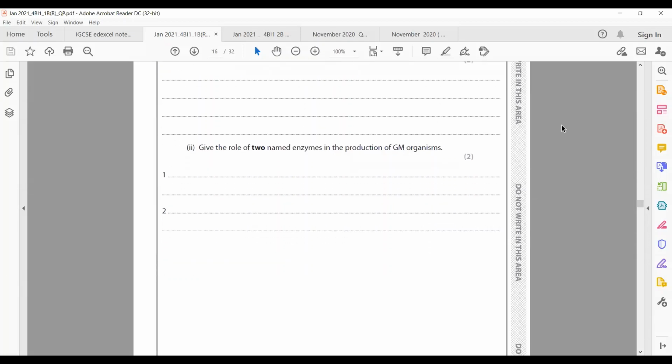ديماس number 2. The role of two named enzymes in production of GM organisms. في نفس اللي هو اسمه DNA ligase. Yes, DNA ligase, very good.